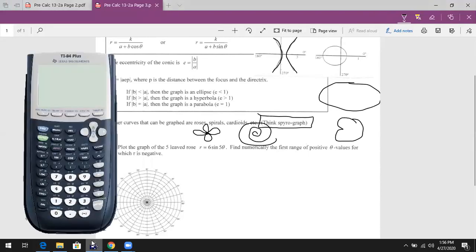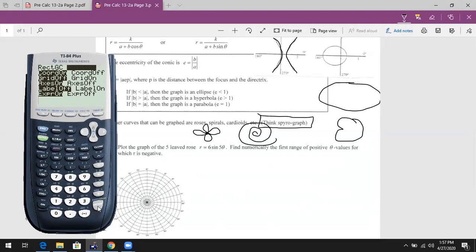But for our problems, what we want to do is take our calculator and get it ready to graph in polar mode. To do that, you're going to hit the format key, which is up here, and switch to polar graphing coordinates.